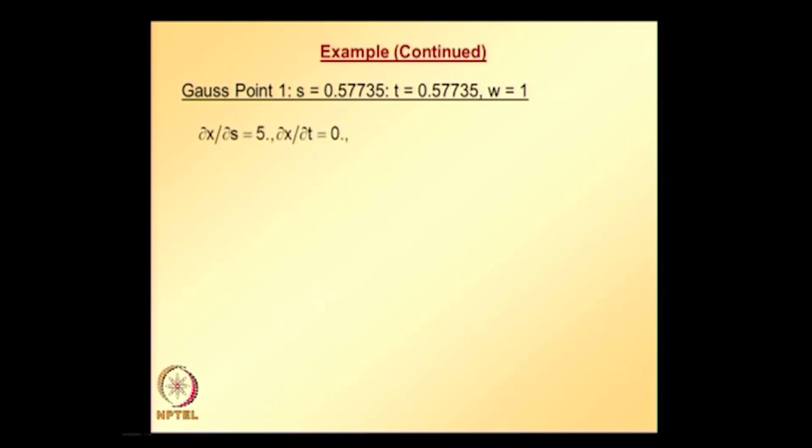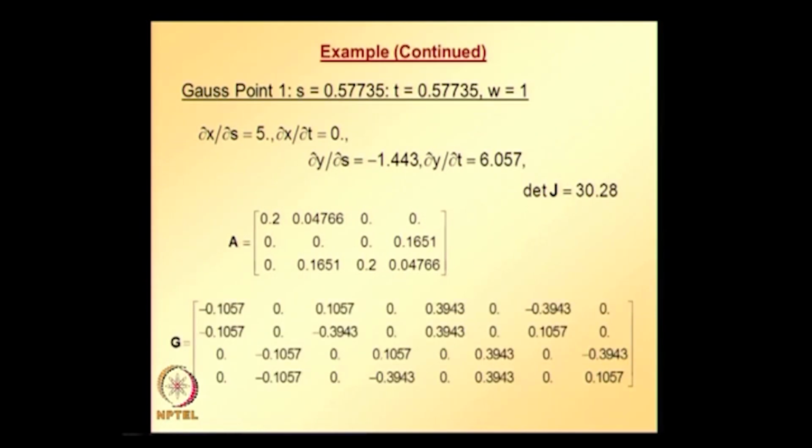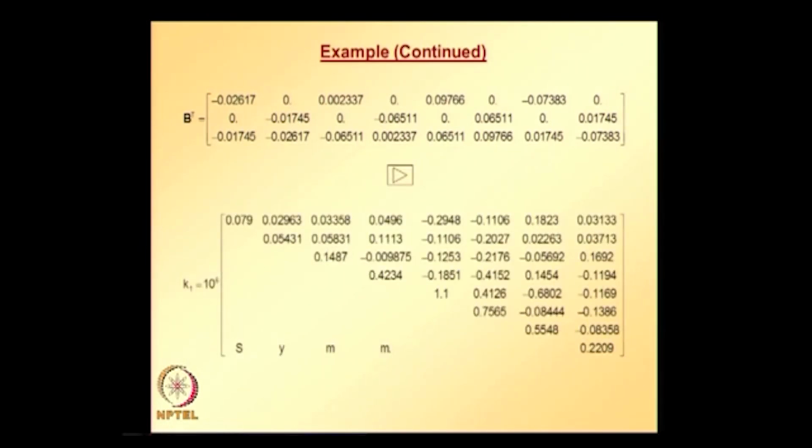We evaluate all the required quantities at this integration point, and finally we can evaluate the strain displacement matrix, and once we have that we can easily evaluate the stiffness matrix at this integration point. Performing similar calculations for other integration points and adding the resulting matrices, we get the element stiffness matrix.